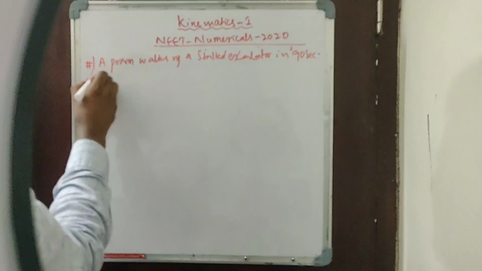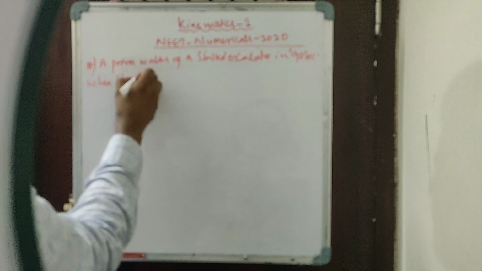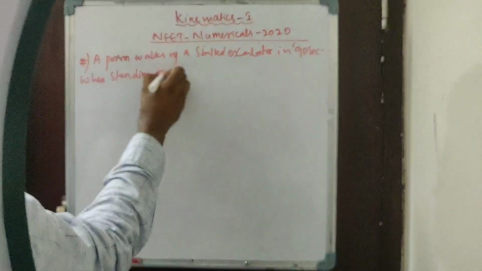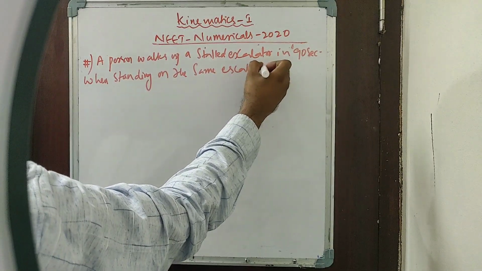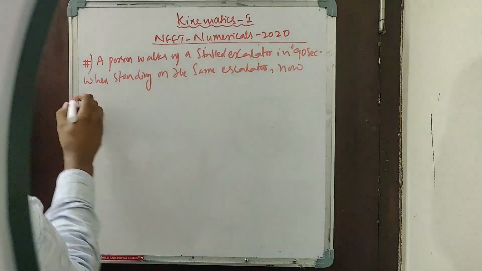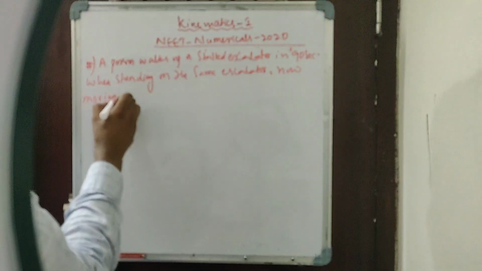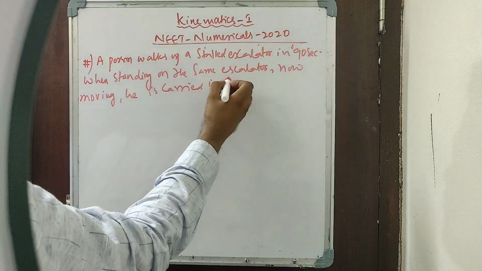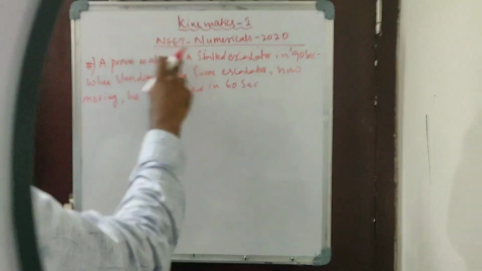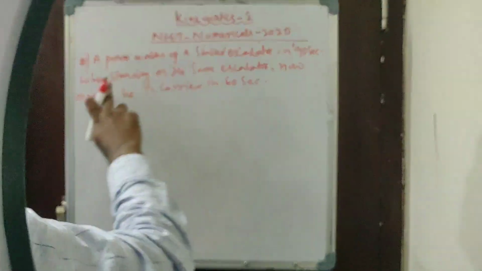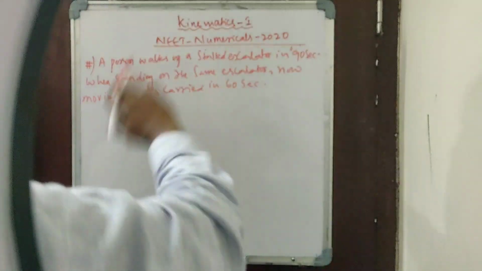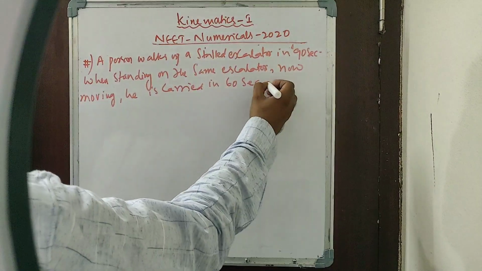When standing on the same moving escalator, he is carried up in 60 seconds. So the person walks up the stalled escalator, that is the escalator at rest, and moves in the upward direction in 90 seconds. When standing on the same escalator while it is moving, he is carried up in 60 seconds.